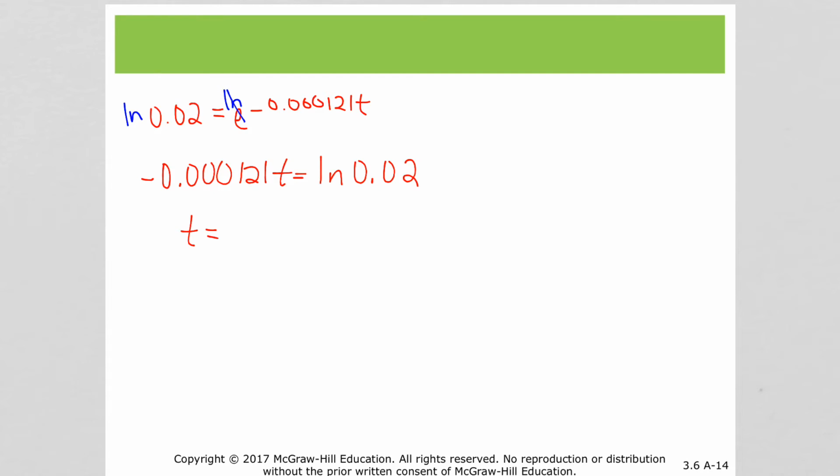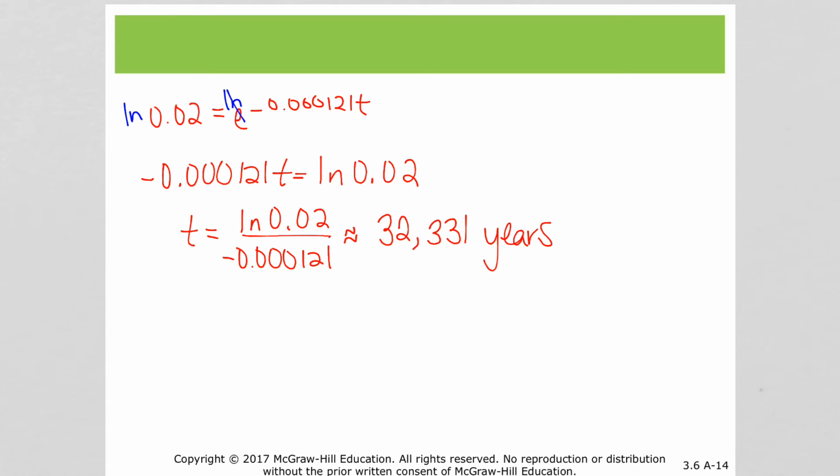Divide both sides by that negative very small number, and we get this, which, if put in the calculator, comes up with approximately 32,331 years. That means that cave painting was over 30,000 years old. That means that there were people living on the earth then. Anyway, that's a whole other argument. We won't go into that.